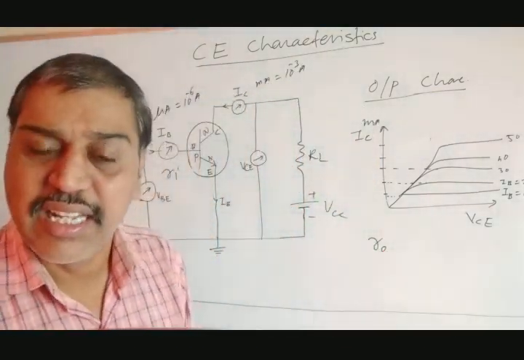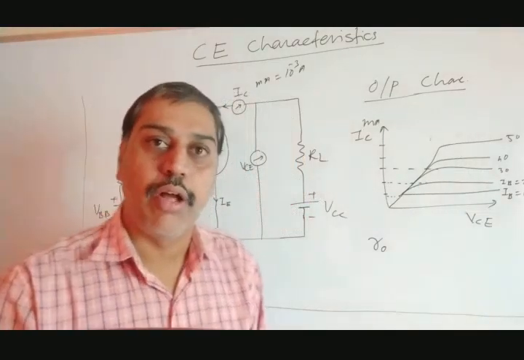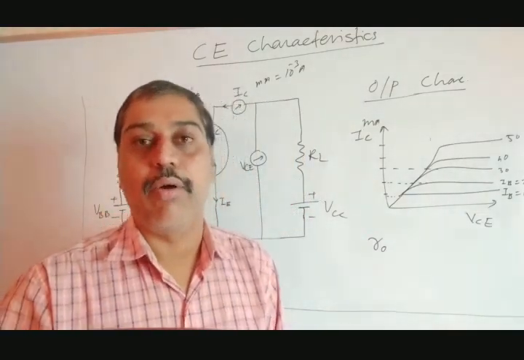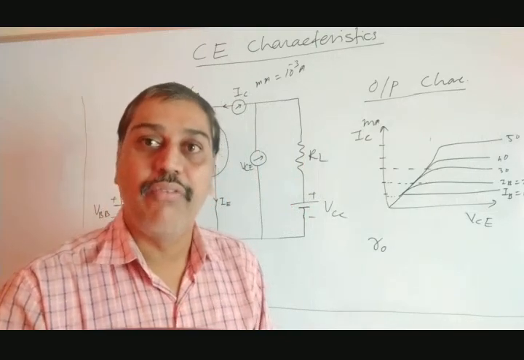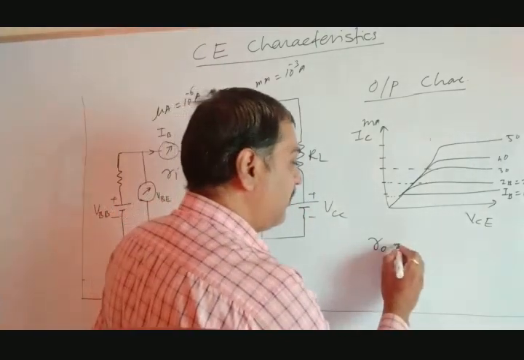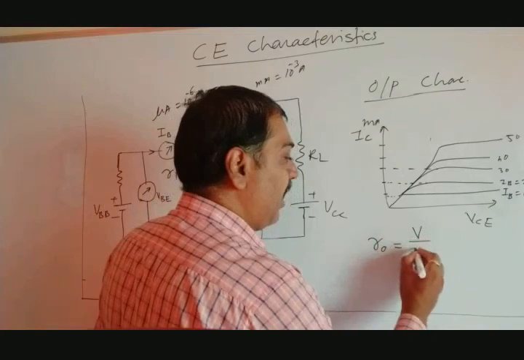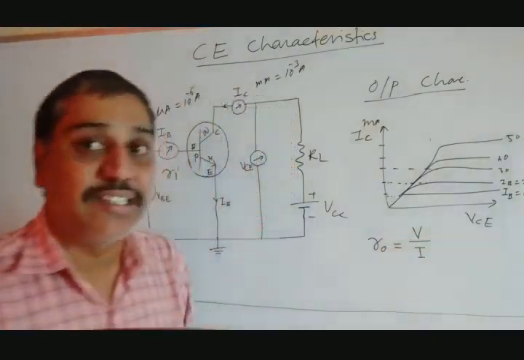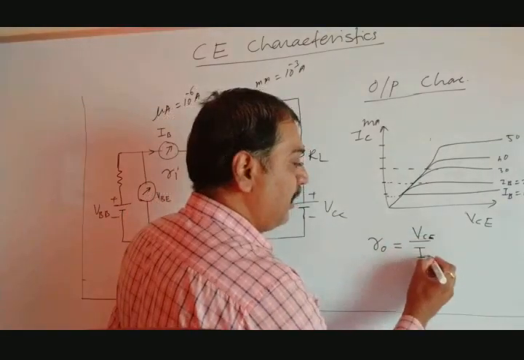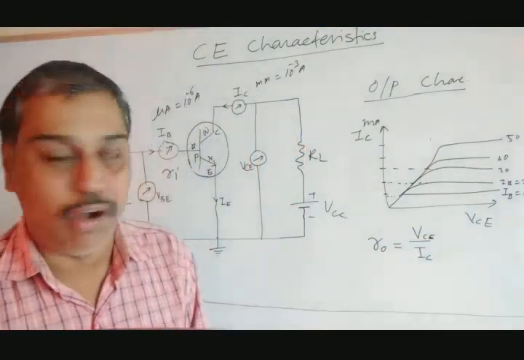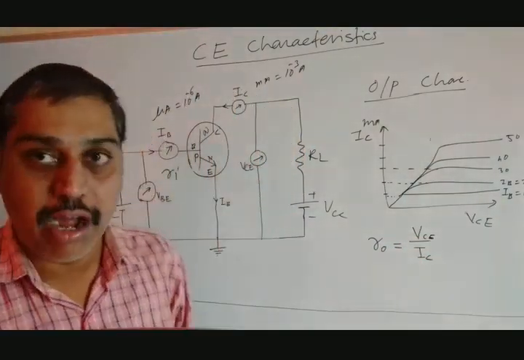Output resistance, as we know, according to Ohm's law, V equal to IR. Now according to that, find out the value of R. R equal to what? V divided by I. So Ro equal to V divided by I. Now what is this V? It is the output voltage. It is VCE divided by IC. Output voltage divided by output current.